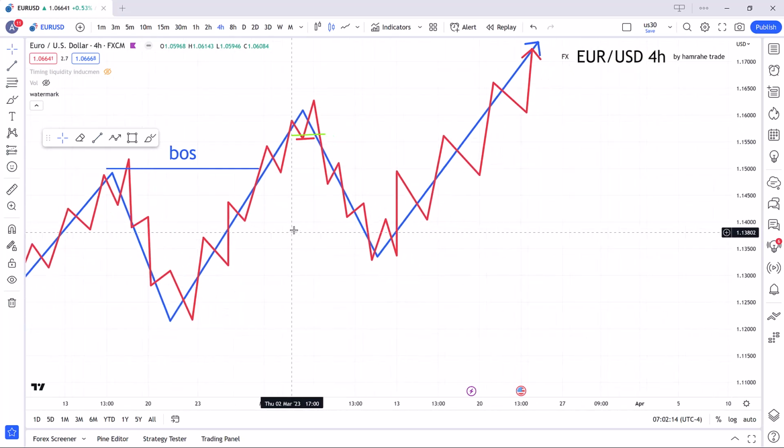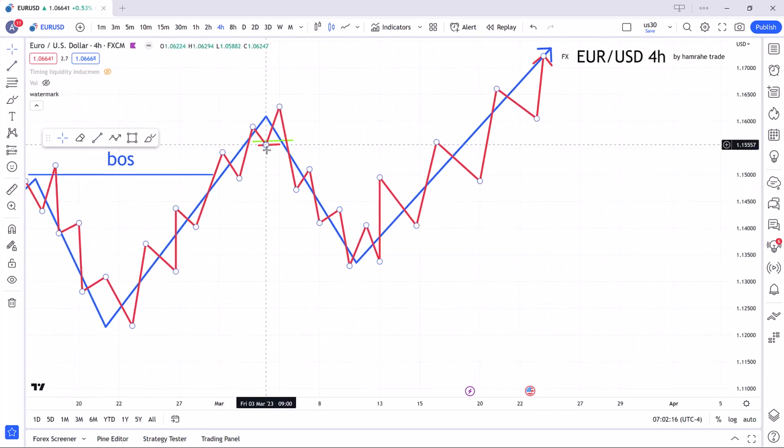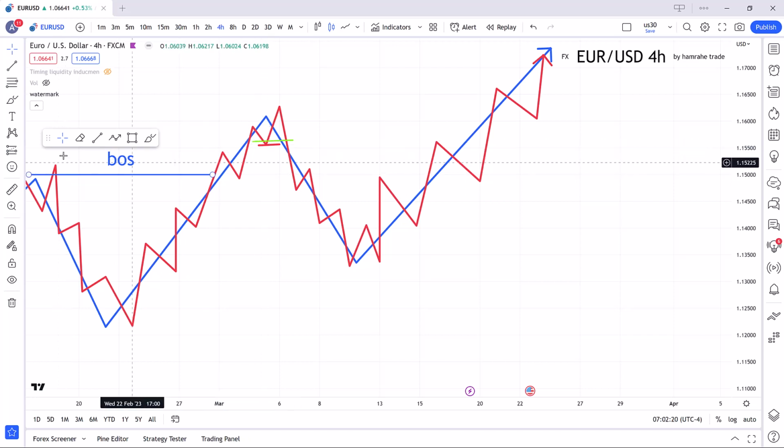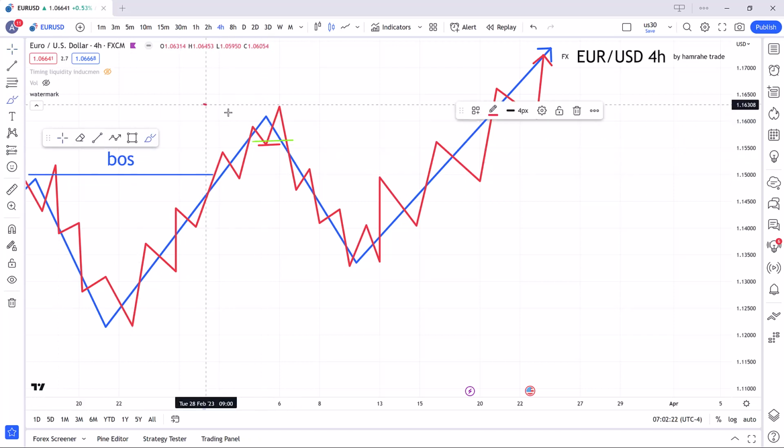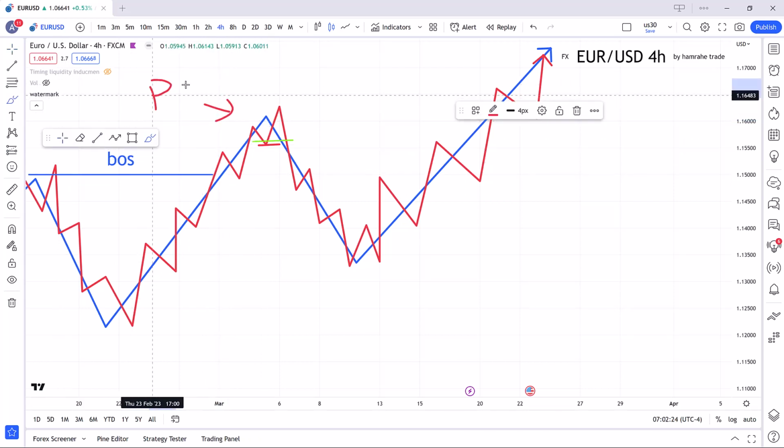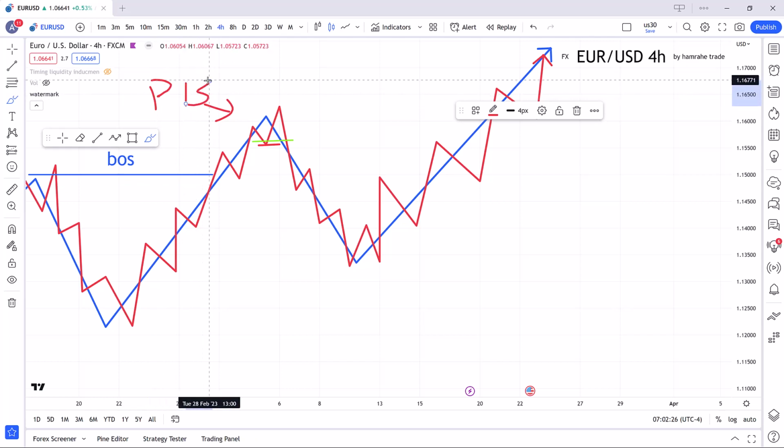Green is good. So when the market breaks its structure to the downside after a break of structure, we can say that our pullback starts here. So it is our pullback, and it comes down, it comes down, it comes down.